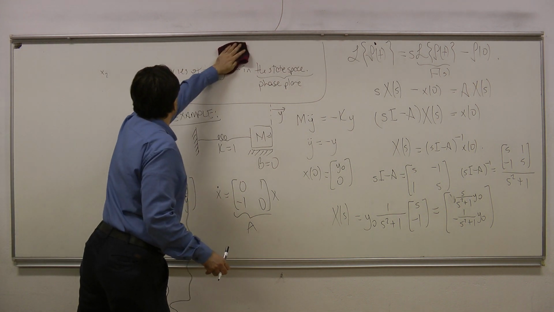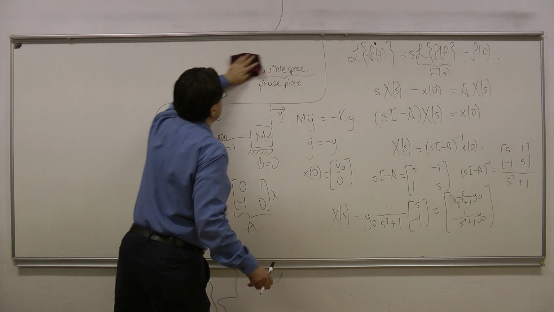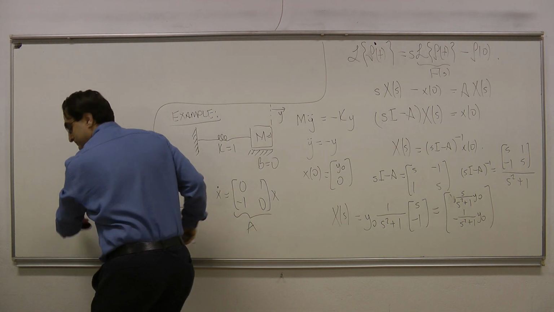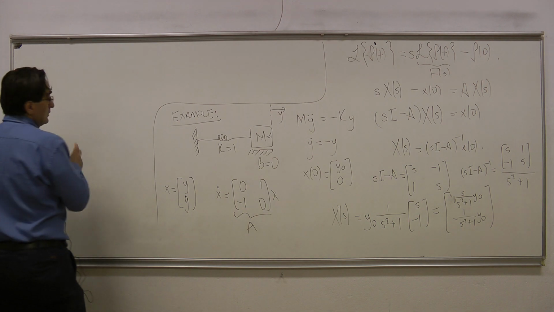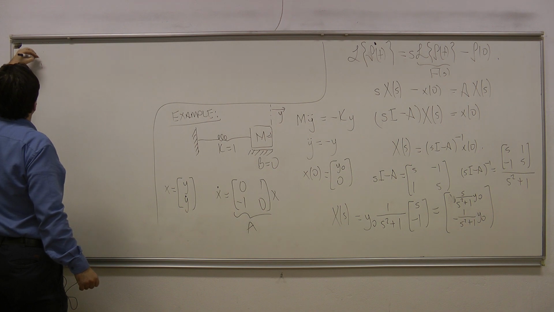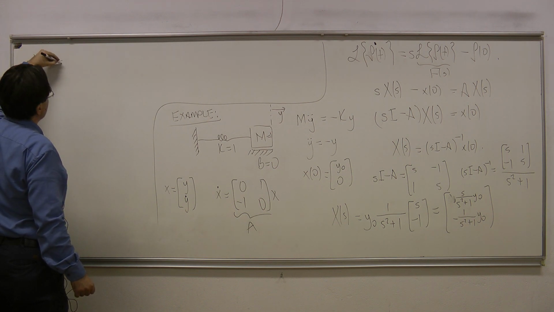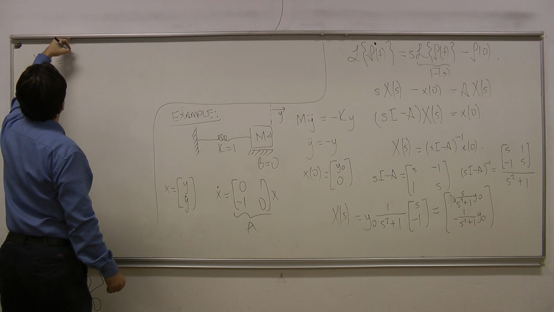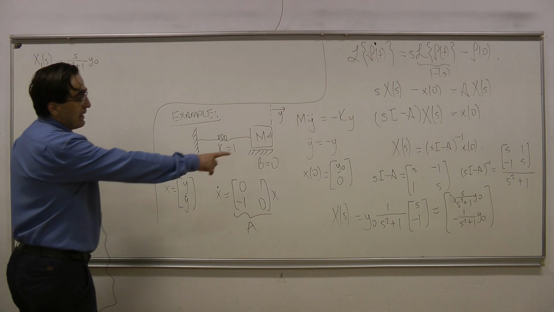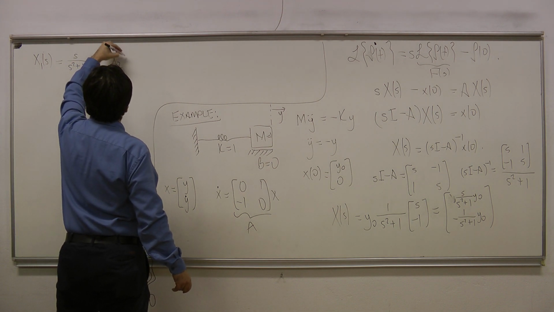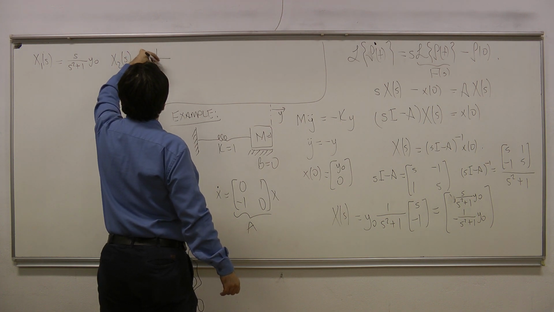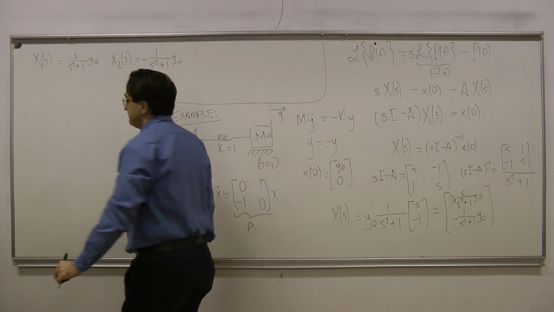So now you see that I know the Laplace transform of x1 and x2. The Laplace transform of x1 of s, I show it with capital X1 of s, is s over s squared plus 1 times y0, and the Laplace transform of x2 of s is minus 1 over s squared plus 1 times y0.